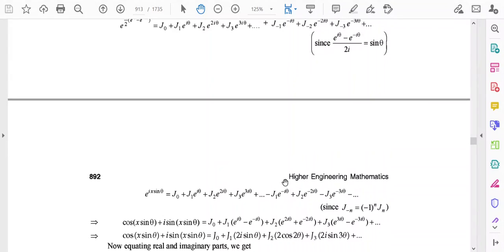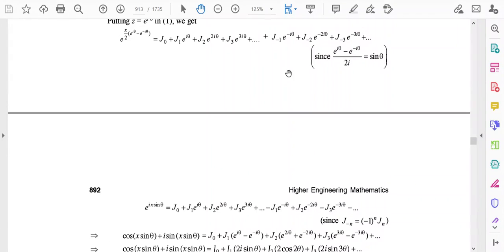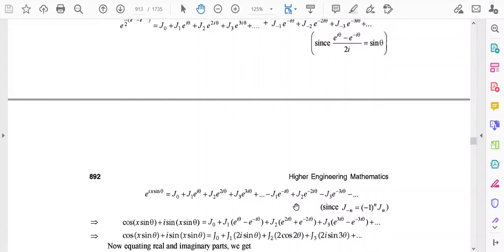In this way we have replaced these j of minus n terms with jn terms, that is, we have written j1 in place of j minus 1, and j2 for j minus 2, by using the expression j of minus n is equal to minus 1 to the power n jn.